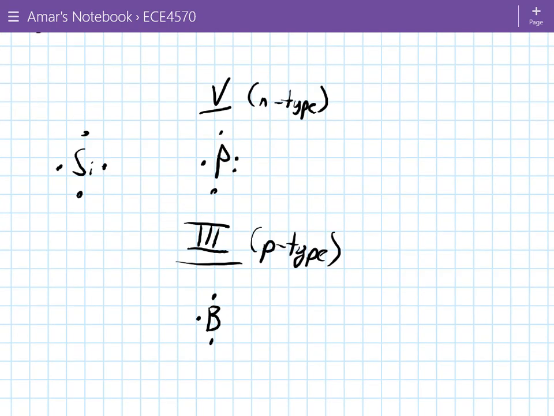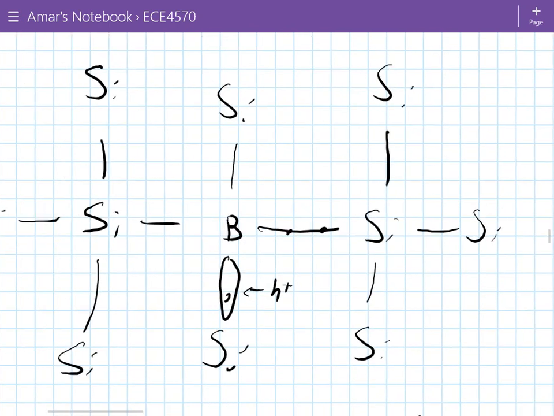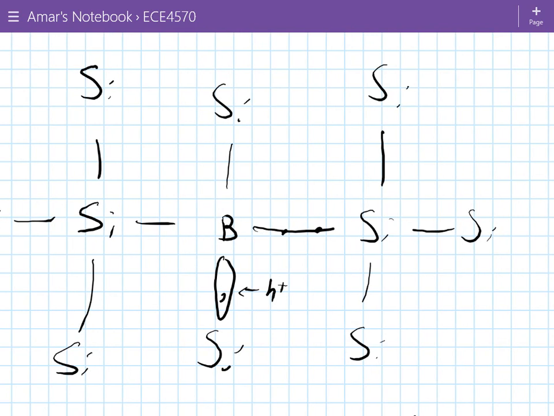Boron has 3 electrons in its outer shell. And we showed this example of when a boron impurity is implanted into the lattice, meaning you're doping it p-type, you end up having an incomplete bond here, right? Because boron has 1 less electron than silicon does. So for every boron atom that you put into the lattice, you get 1 hole.